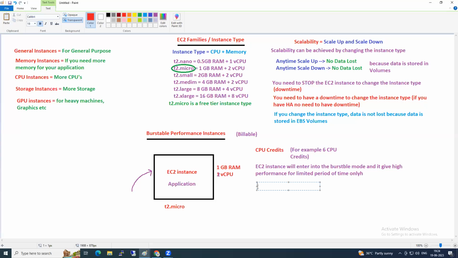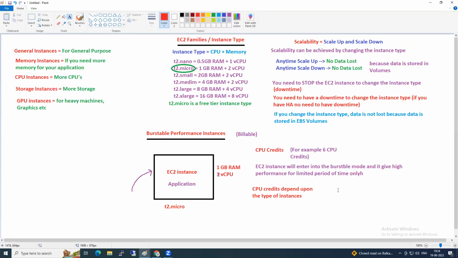CPU credits depend on how many CPUs you get, and that depends upon the instance type that you have selected. If you have selected T2 micro, you will get 6. If you selected T2 small, you get maybe more. I don't remember, and it's not required to remember how many you get. But it depends upon the instance type.